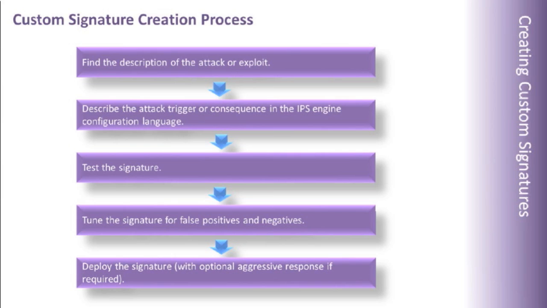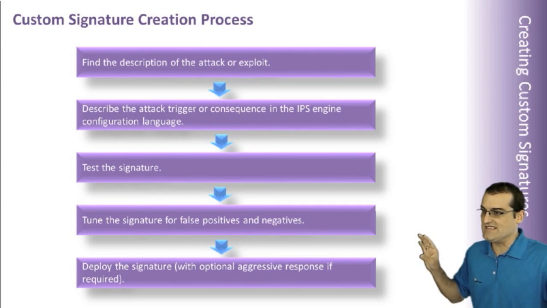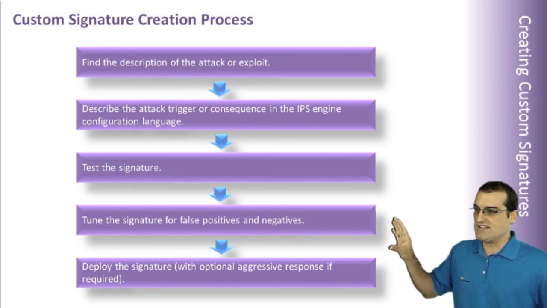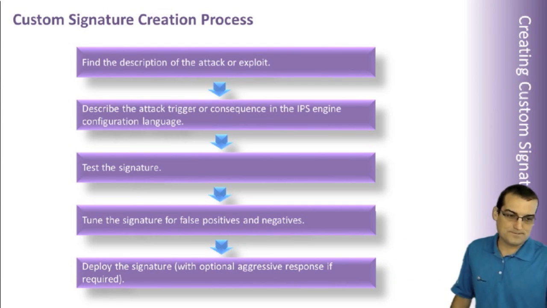Then we would test this signature, very thoroughly, and make sure it works. Do any tuning that might be necessary, and that's something we're going to talk about next: how do we fine-tune the sensor to eliminate these things? And then finally, we deploy it.